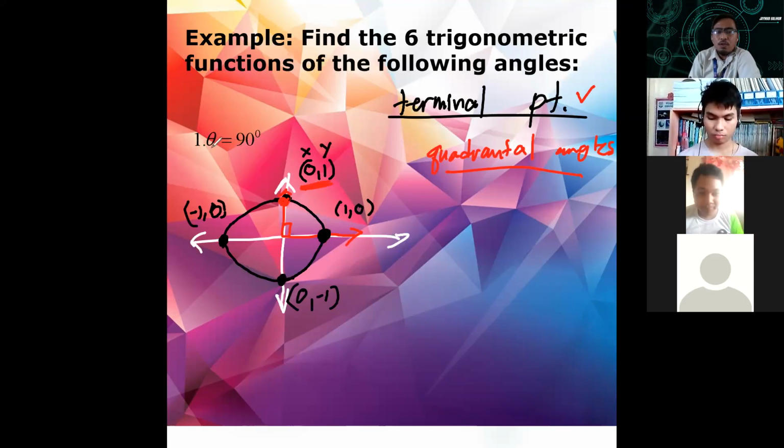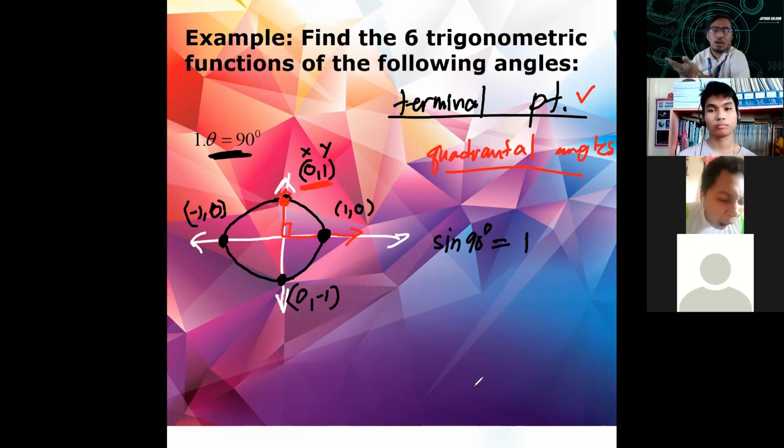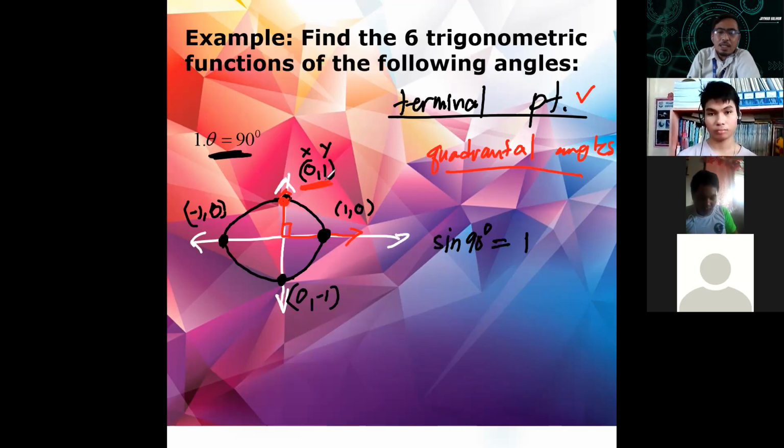Okay? So if you're looking for the 6 trigonometric functions of 90, so it will be sine of 90 degrees. Remember, as I mentioned a while ago, sine is just the value of your y. And your y is 1. Even if you press it in your calculator, sine of 90, it will give you 1. What is cosine of 90 degrees?